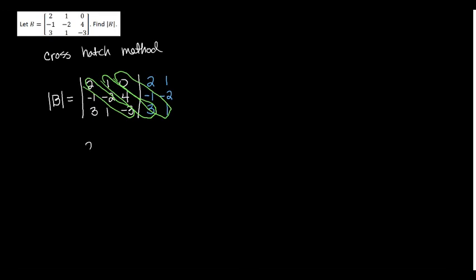So we'll take 2 times -2 times -3 plus 1 times 4 times 3 plus 0 times -1 times 1.